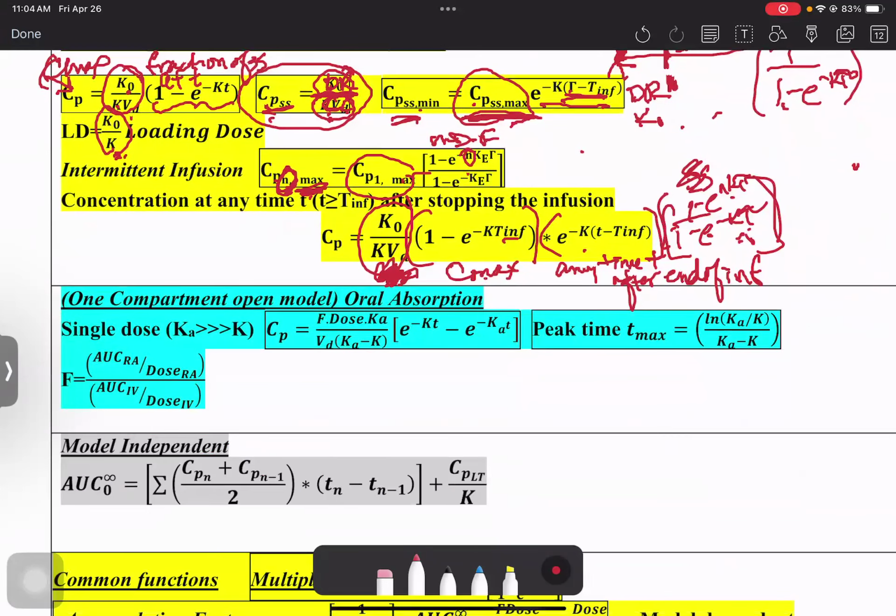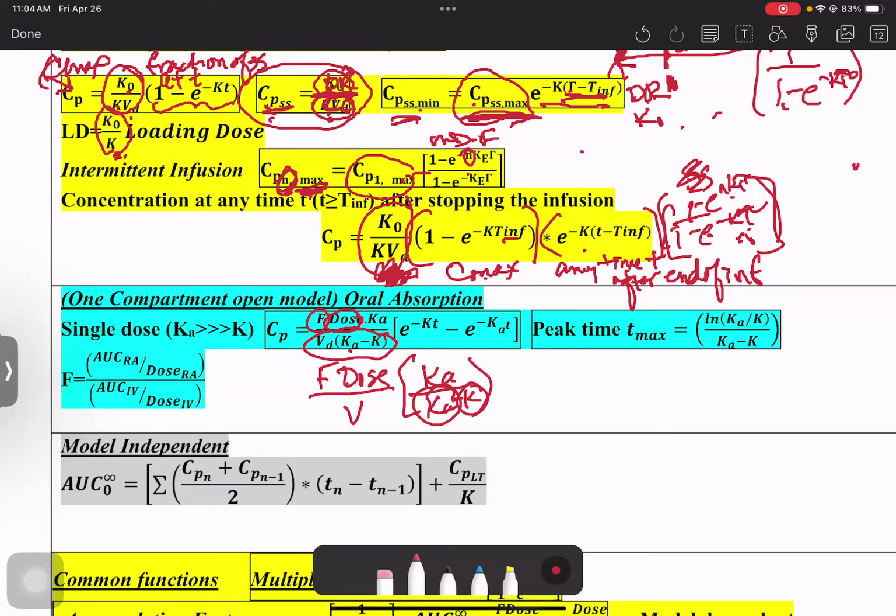Now here's for oral absorption. Notice here that we still have a function of dose over clearance, right? And then you have to consider bioavailability. I usually think of it as F dose over volume times this interaction between the rate of absorption and the rate of elimination, right?